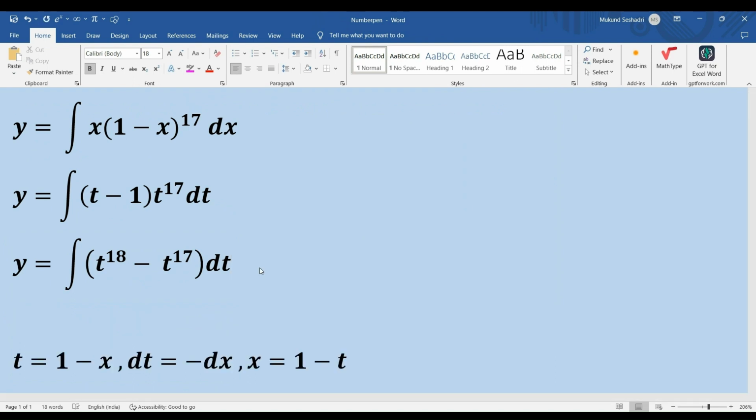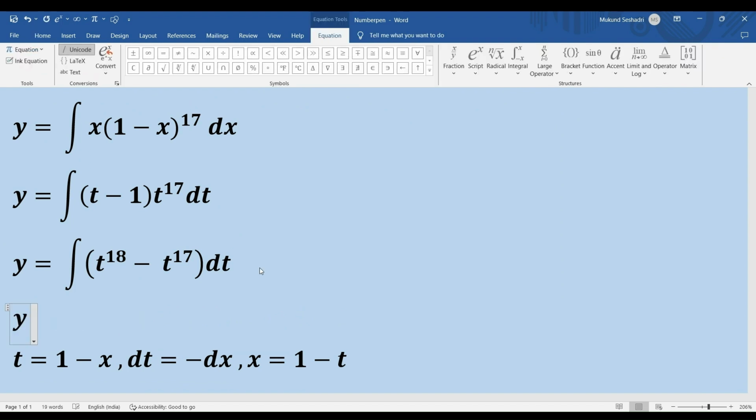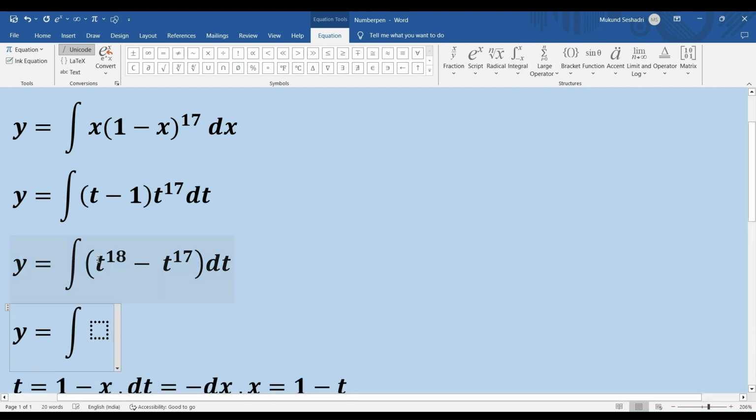I know that I can apply the sum rule of integration and rewrite my y as follows: the integral of t to the power 18 minus t to the power 17 dt is nothing but the integral of t to the power 18 dt minus the integral of t to the power 17 dt. Okay.